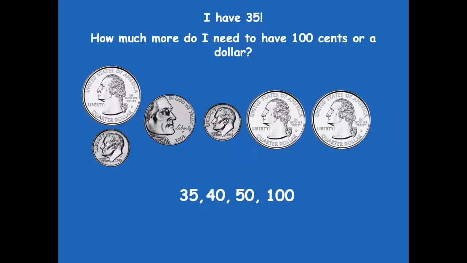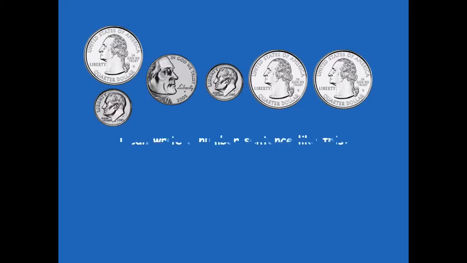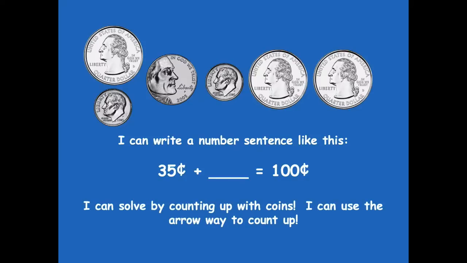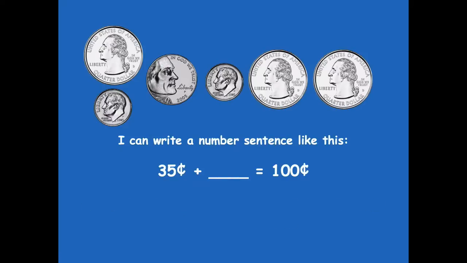And if you did it a different way, that's okay as long as you got to 100. That's the important part. All right, so I can write a number sentence like this: 35 cents plus an unknown equals 100 cents. I can solve by counting up with coins, and I can use the arrow way to count up. So just what I did, I counted up with coins as I added them on. I can use the arrow way to model that. So I'm going to start with 35.